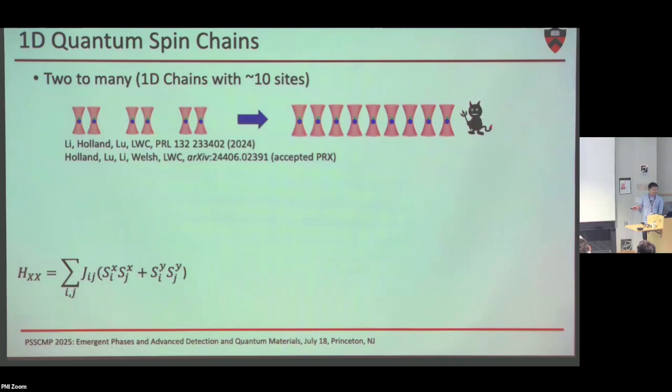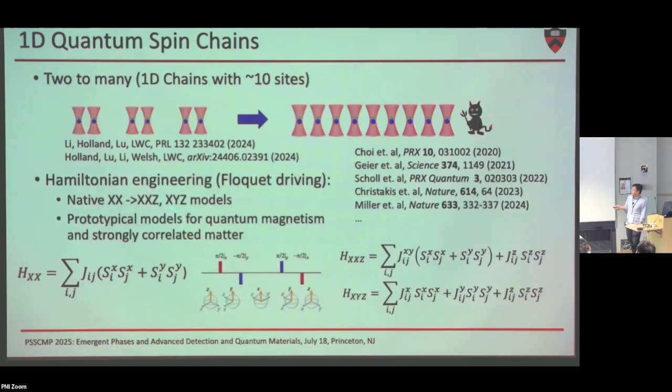To make the physics a little bit more interesting, there's a digital simulation technique that one can use. Here, what we can do is some type of Floquet engineering. The idea is the following. If my native interaction is XX plus YY, I can allow the system to interact for some period of time in this frame. Then I can rotate all the spins by 90 degrees. So then I'll have YY plus ZZ interactions. I can allow it to interact for the same time.